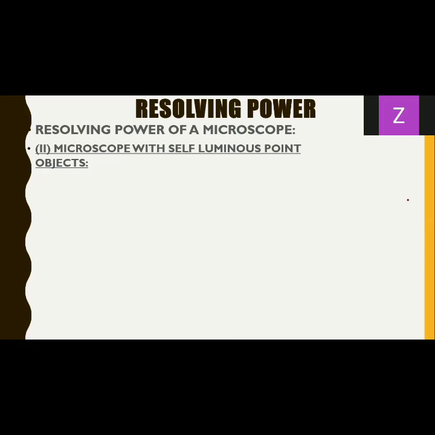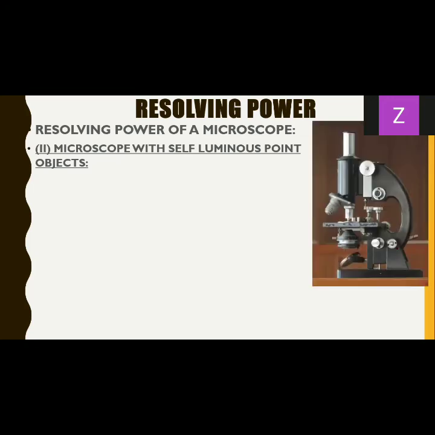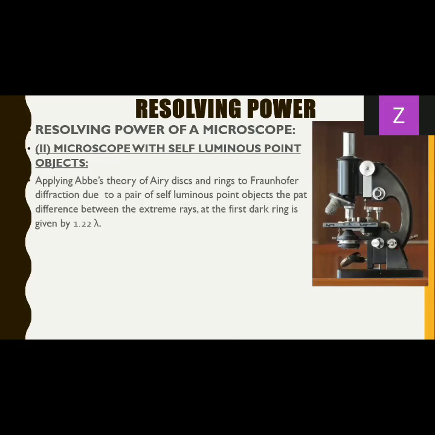So here also, we apply the concept of Airy discs only, because obviously we have point objects which we are looking at under a microscope. So we apply this Airy discs or Airy rings concept to the Fraunhofer diffraction. Now we have already seen Fraunhofer diffraction for two self-luminescent point objects.